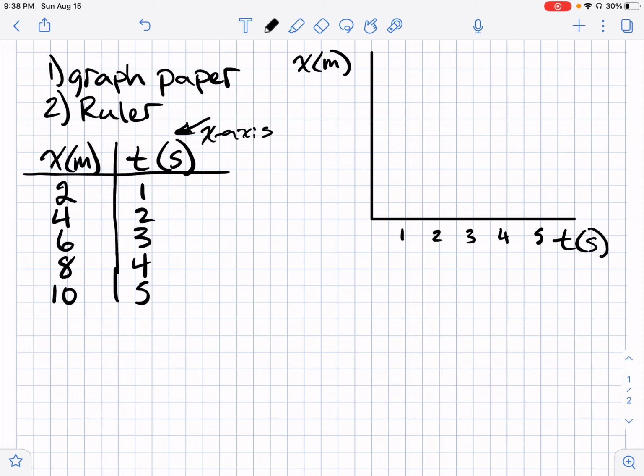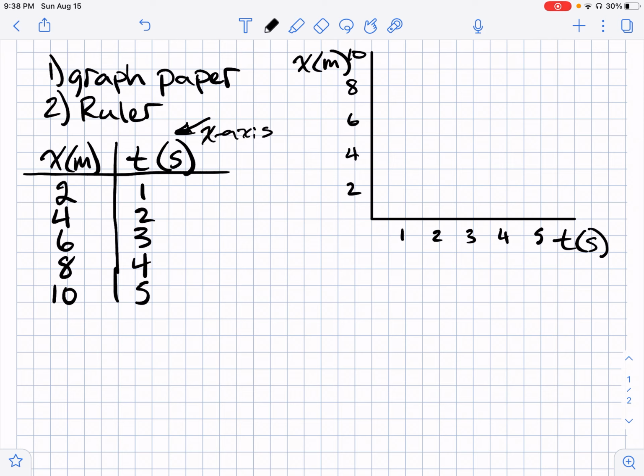What I don't want to do is say 2, 4, 6, 8, 10, because then again, it's all squished right here. You want to stretch it out as much as possible. So I'm going to say every line is 1, and then I'll say 2, 4, 6, 8, 10.